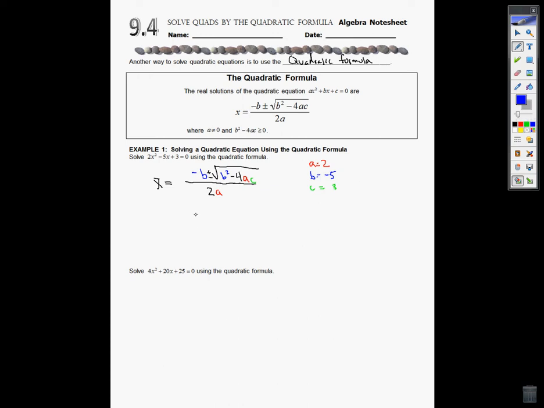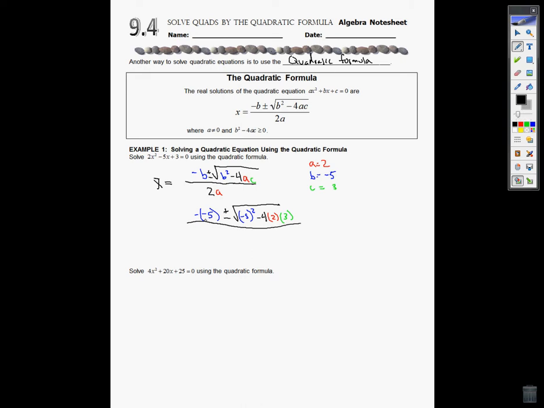So let's start placing things where they belong. I'm going to do negative b. So if b is already negative, that means negative negative 5. And then that's going to be plus or minus the square root of, again, b, which is negative 5, squared, and then minus 4 times a, which is 2, times c, which is 3, and that's going to be all of it over.